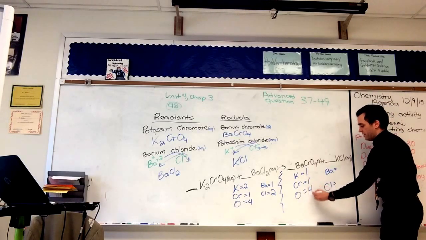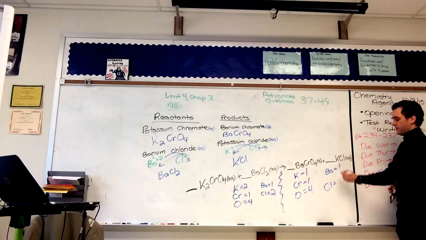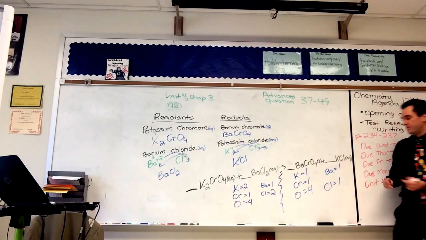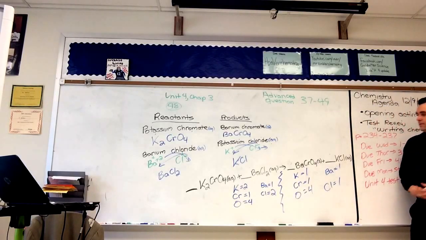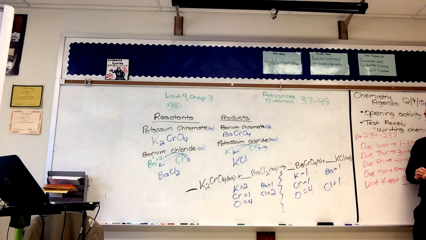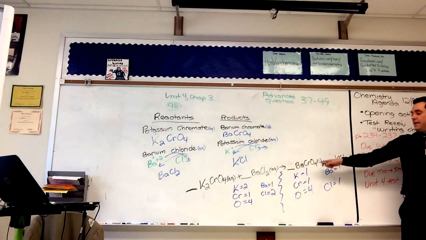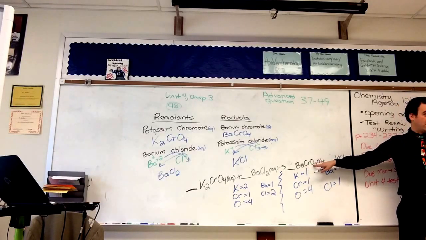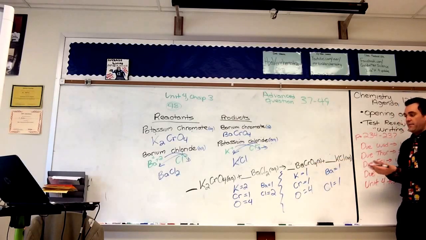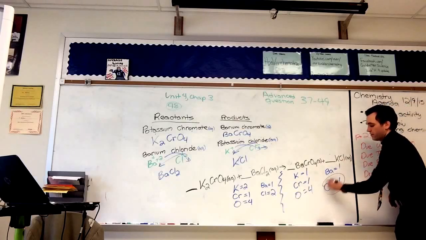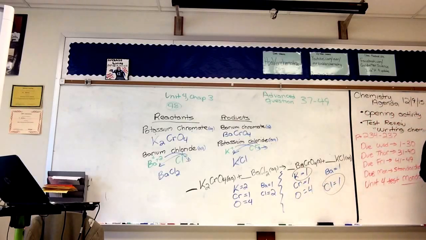Four. How many bariums? One. Chlorines? One. So what doesn't balance? Chromate is BaCrO4. So everything balances other than chlorine and potassium, right?